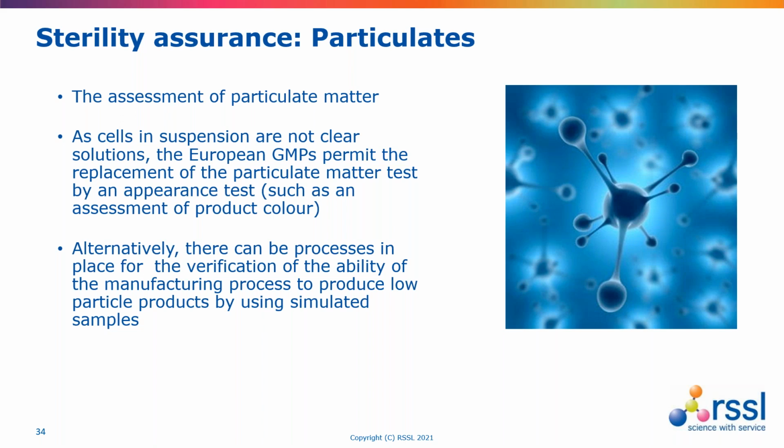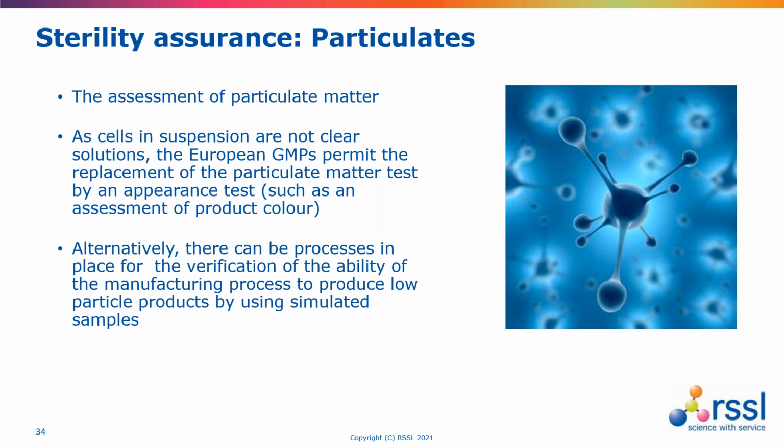An alternative approach is to simulate the manufacturing process with a placebo or something like that, so a material without cells, and then do a test to see if there's any particulates present. Another important control is also the absence of pyrogens.